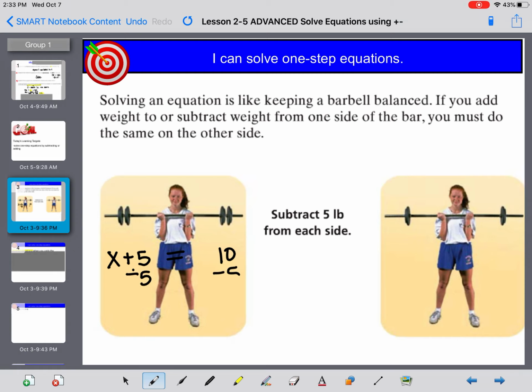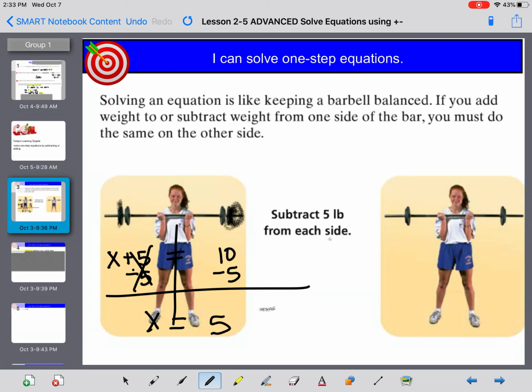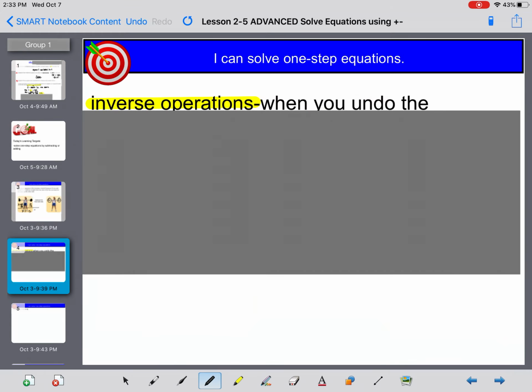If I remove 5 from this side and remove 5 from the other side of the barbell, what I'm left with is x equals 5. I still have a balanced equation. In the same way that I removed one of the barbells here and one of the barbells here, I'm left with one barbell and one barbell, and so it's still balanced, or one weight and one weight, so we still have a balanced barbell.